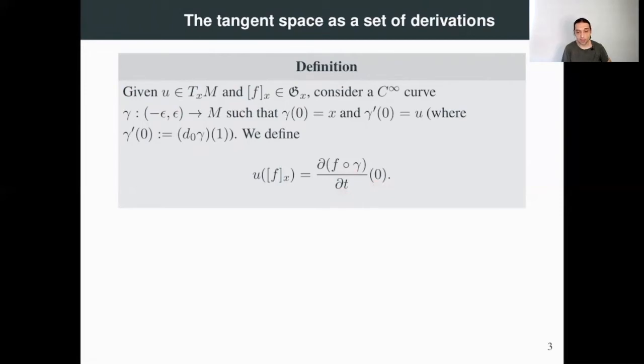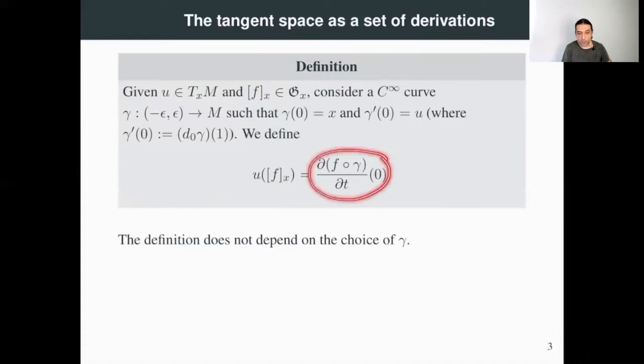This is well defined, and indeed it does not depend on the choice of gamma, because of the chain rule. And it does not depend on the choice of a representative either, because in order to know this derivative, we just need to know what happens in a neighborhood of the point x. So it depends neither on gamma nor on the representative that we are choosing.